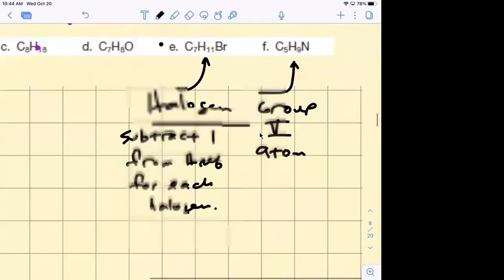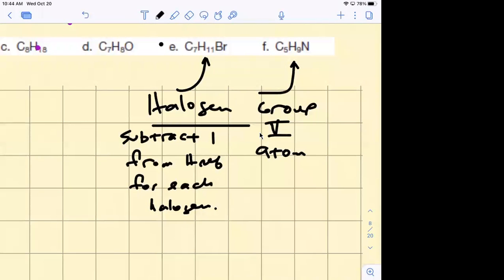Sometimes in the book, you might see it the opposite. It might say add 1 to H molecule for a halogen present, but you want to subtract 1 from HREF. This is the way I teach it, but there's another way to do it too. You'll add 1 to H molecule, but for us, we're going to do it this way.